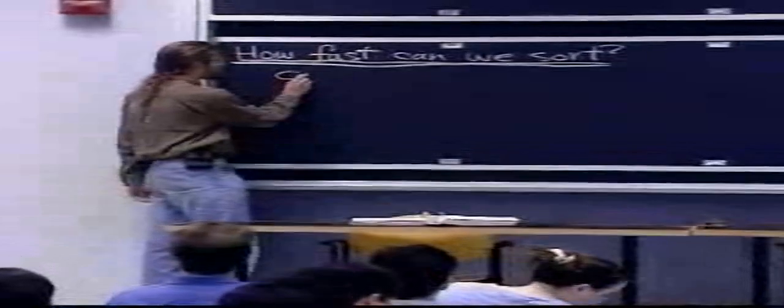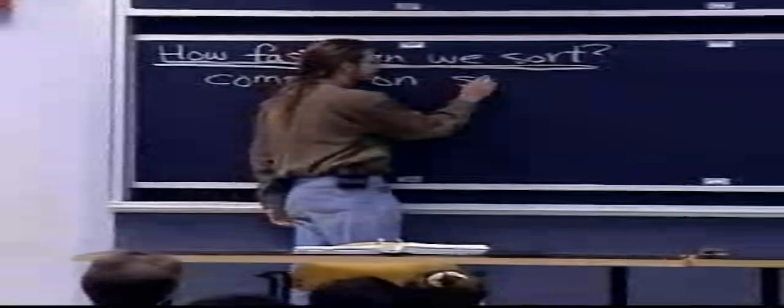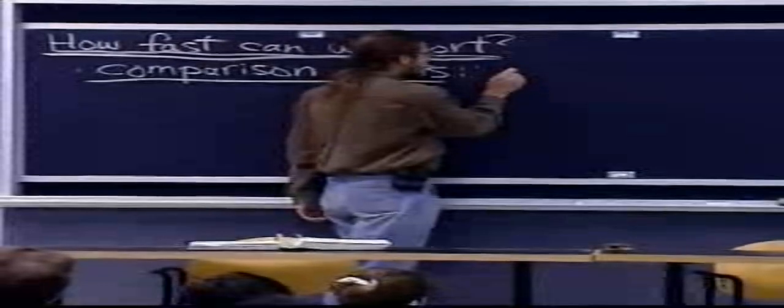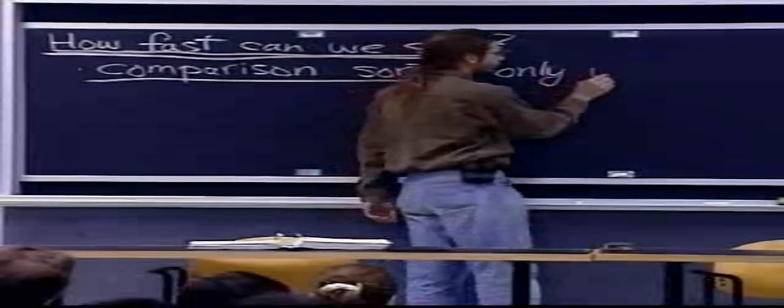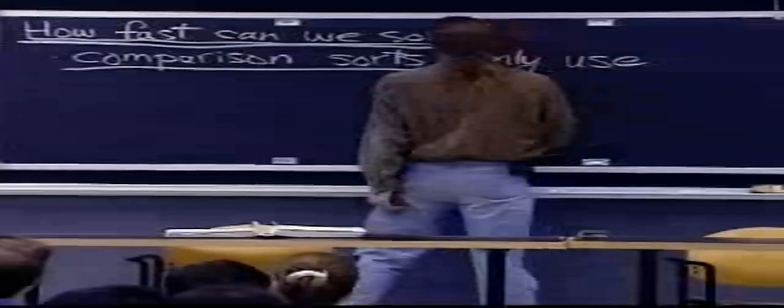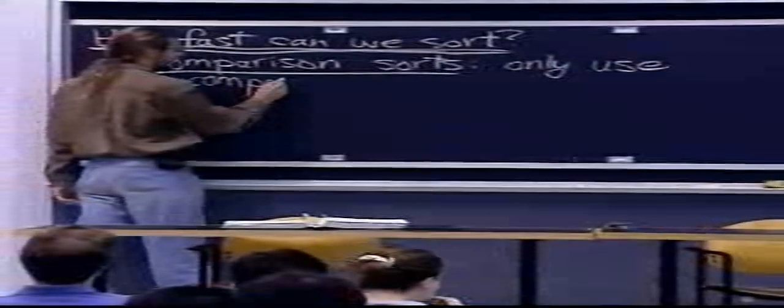The kinds of algorithms we've been looking at are called comparison sorting algorithms. A comparison sort is one where you only use comparisons to learn information about the input.